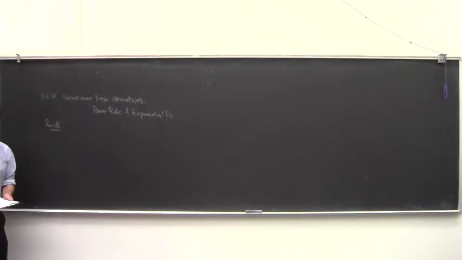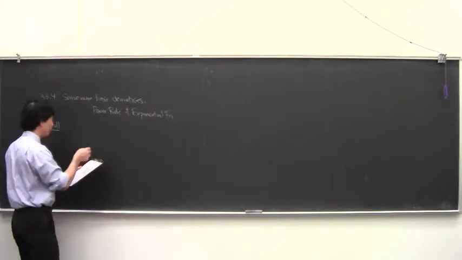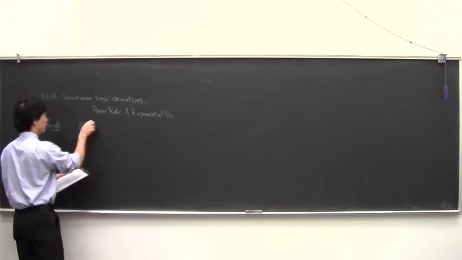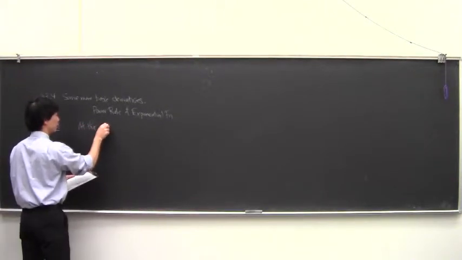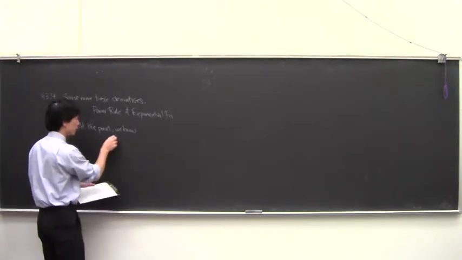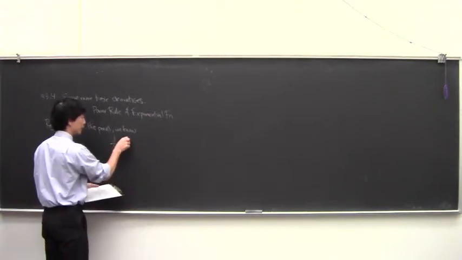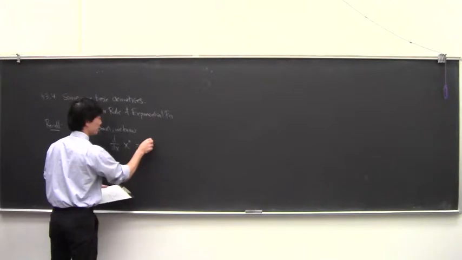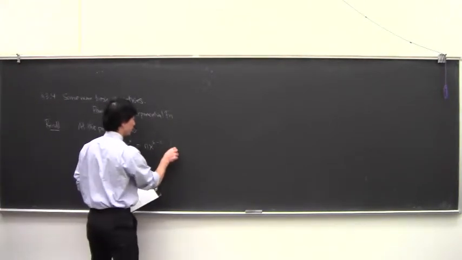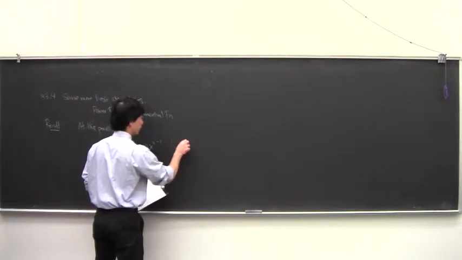So at this point, we have one version of the power rule, right? We saw that at this point we know that if you take the derivative of x to the n, then you get nx to the n minus 1, where n is some natural number.